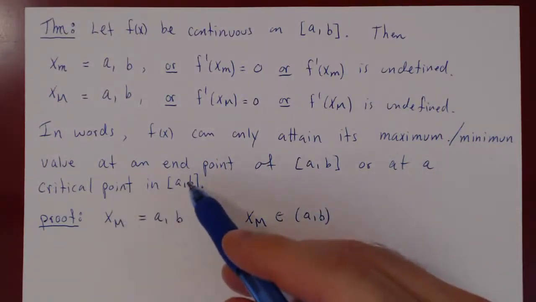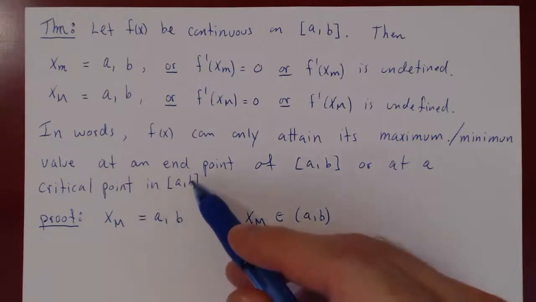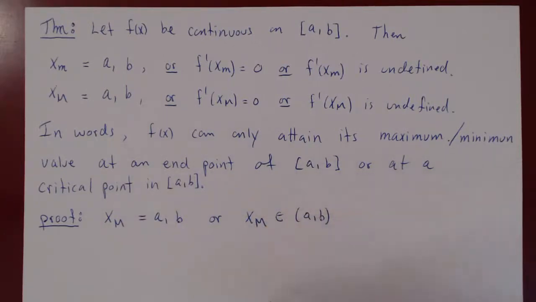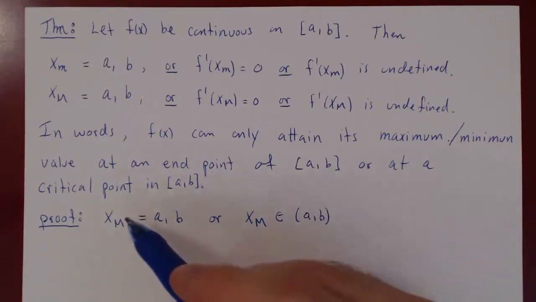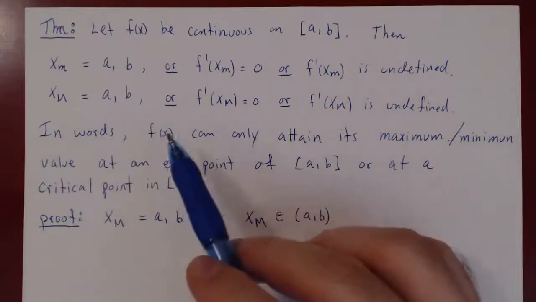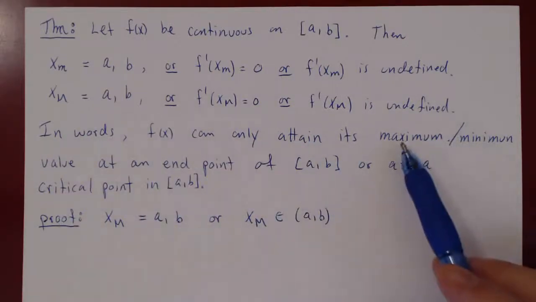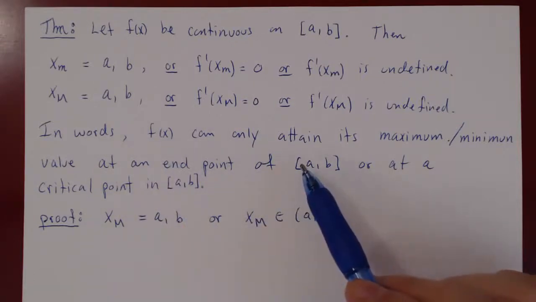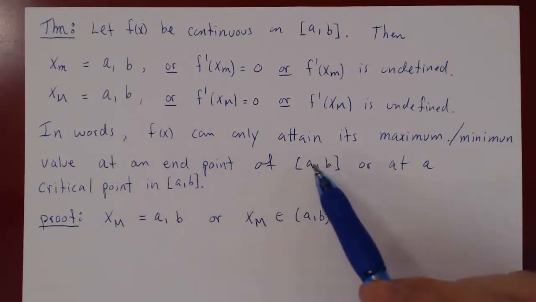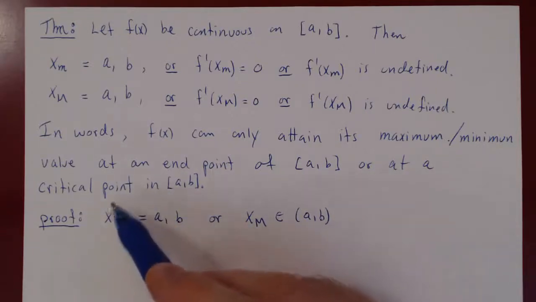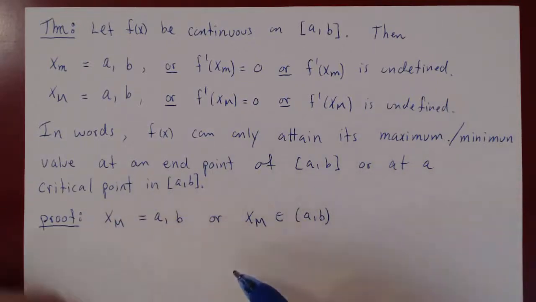A point in AB is either the left-hand point, the right-hand point, or somewhere strictly in between A and B. Well, if xm is A or B, we're done, because the result says that if you look for a maximum value of the function, it has to be an endpoint of the interval, so either A or B, or a critical point. So if right away xm is A or B, we are done.